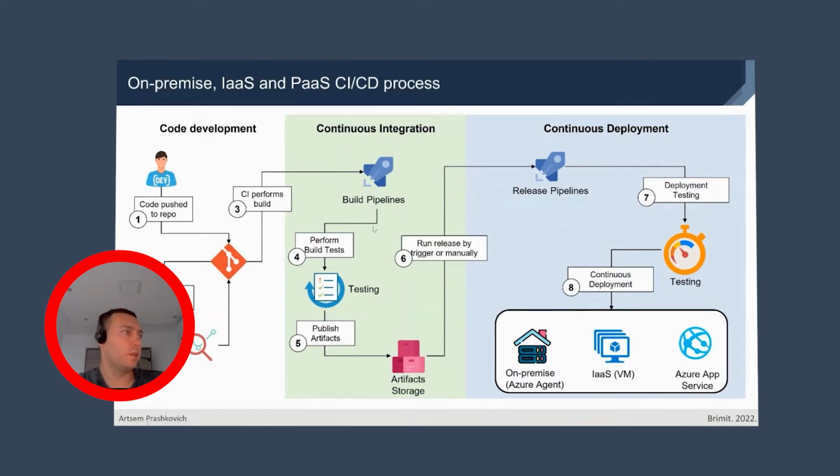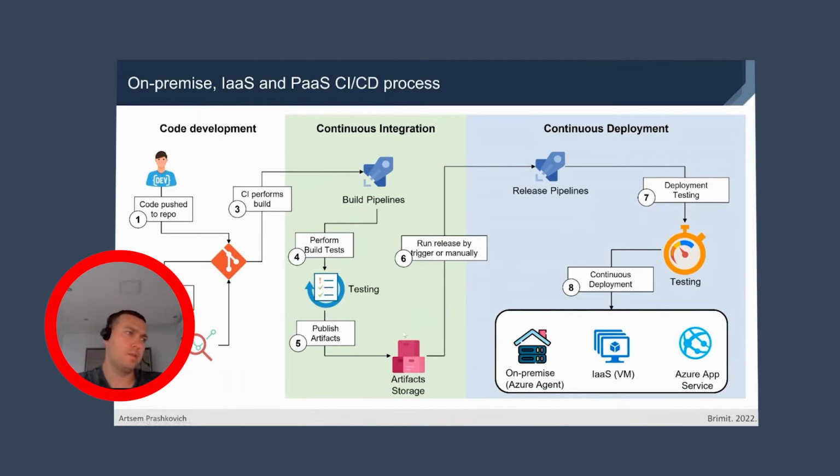Once our build is run, we perform some testing, again in our ideal world. We actually build the application, and it depends on which application you build. It can be .NET, it can be JavaScript, doesn't matter. As a result of this build, we have artifacts that we have to push to the artifact storage.